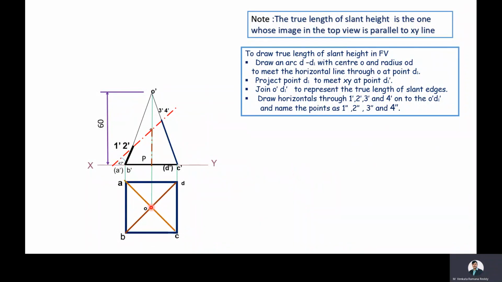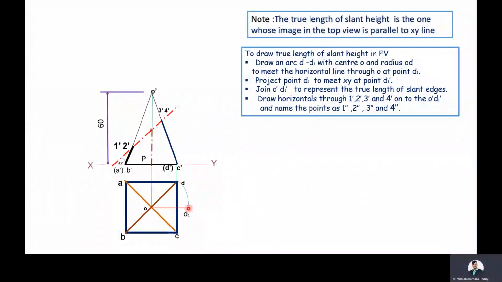With O as a center, draw a line parallel to the xy line. After that, with O as a center, OD as a radius, draw an arc towards this line. Then name this point as D1. Here, OD1 is the image of the true length of the slant height of a square pyramid.